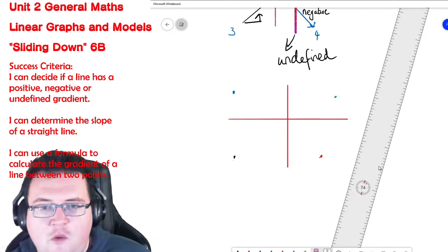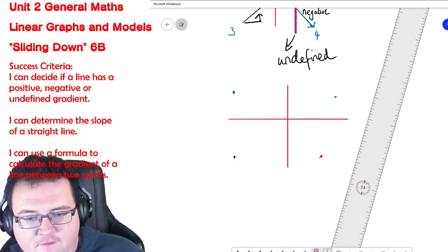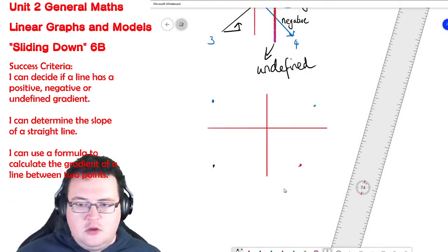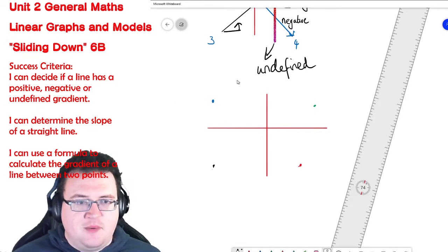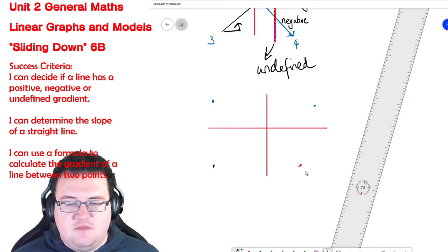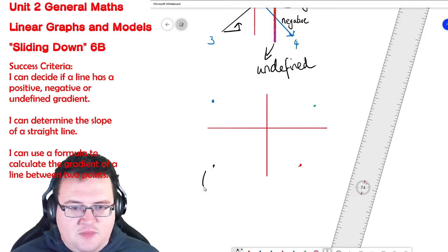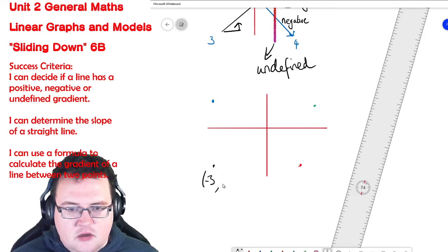All right, so what we actually have is formulas to use when we're determining these things. So what I'm going to do here is assign some values to what's going on. So this is going to be -3, negative 4.